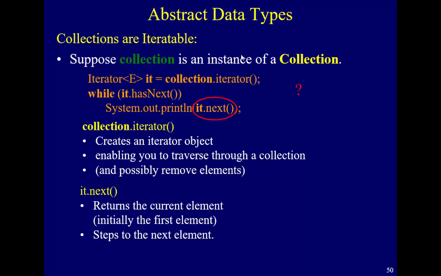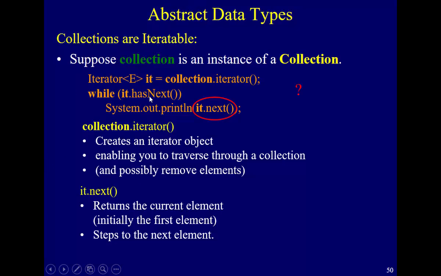It has a current object. When you say next, it moves to the next object, in some order, and it must return the object so that the print line can print out that object. Everybody with me here?